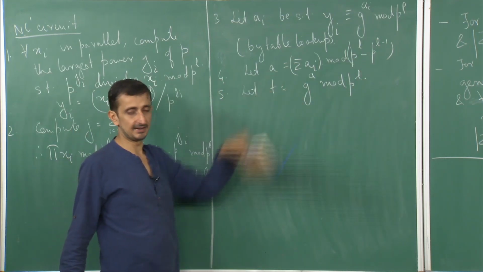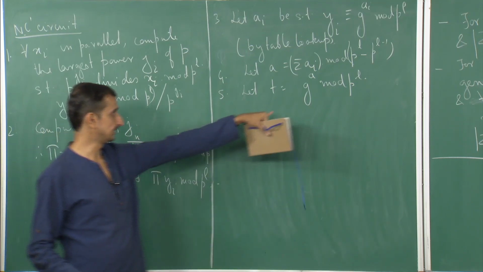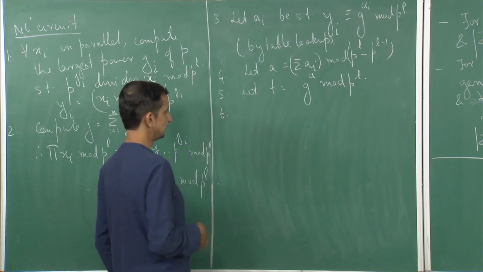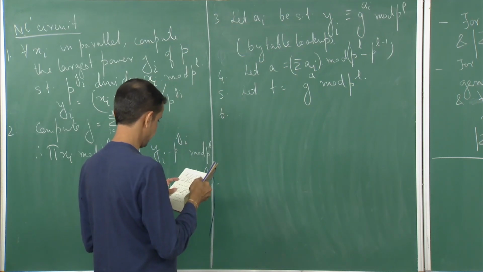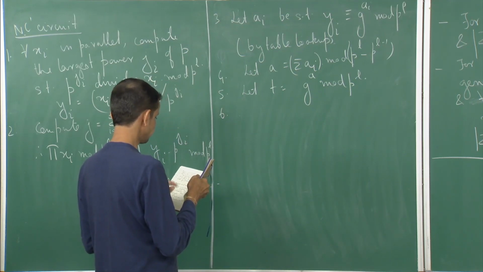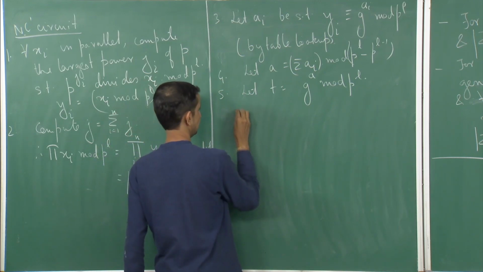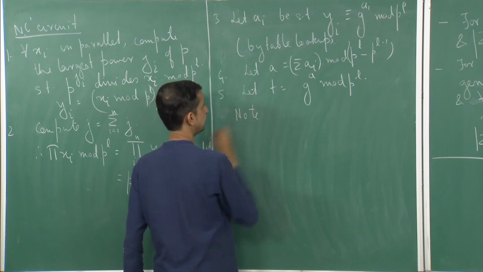Okay, so I can just set a to be that. So it's the same value. It will give me the same value over here. And now we will just compute the following in parallel.